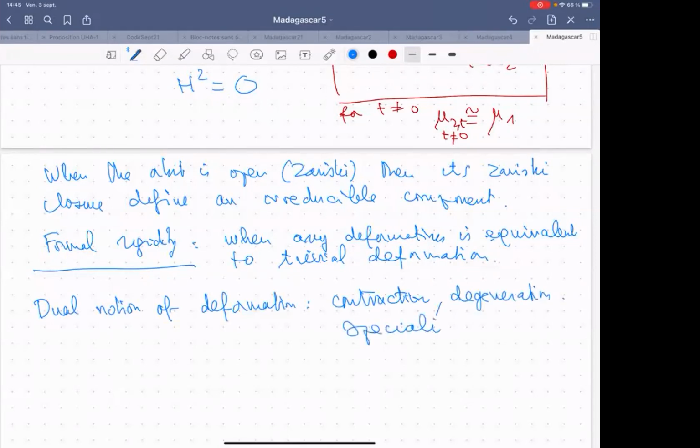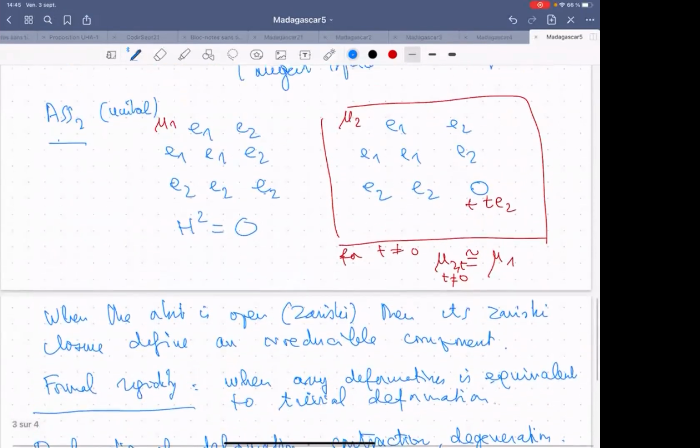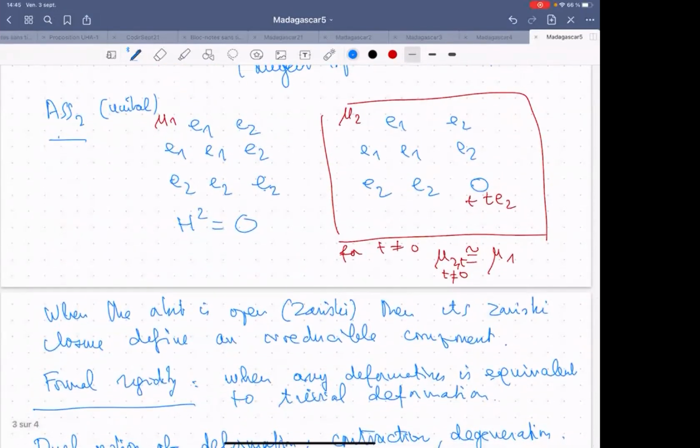I mean, you can find all these words. I prefer the second one, but physicists usually use contraction. What does degeneration mean? For example, here, this mu2 is a degeneration of mu1, which means that if you take a family, if you take a deformation of this mu2, you fall in the orbit of mu1.